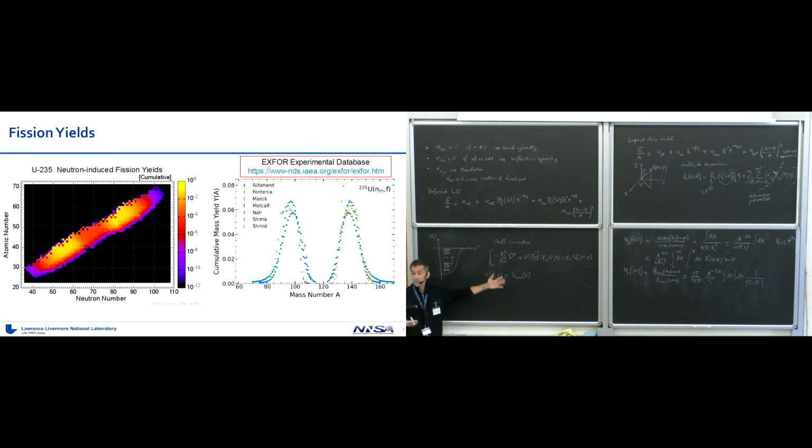That's a bad idea, but okay, it's an example of such a potential. And then there is a spin orbit term. That spin orbit term is itself proportional to the gradient of your potential, scalar product, the spin, and the momentum of the particle.